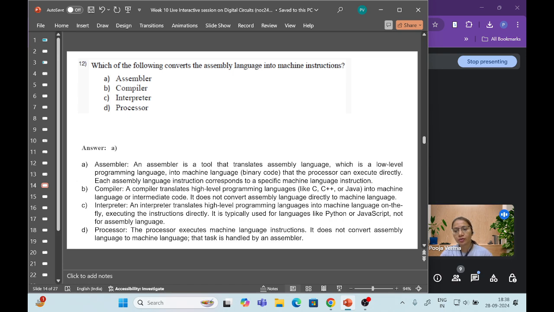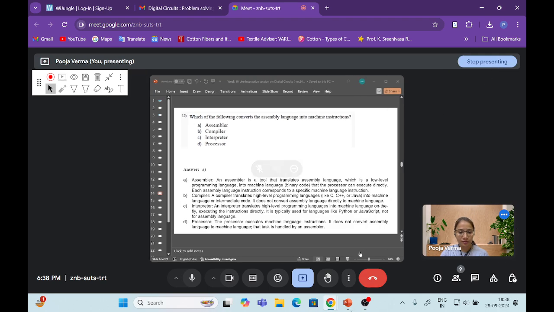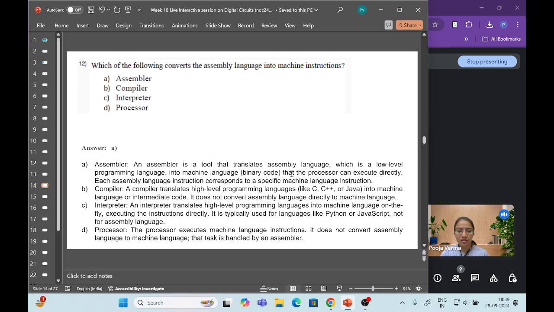The next question is also theoretical. Which of the following converts the assembly language into machine instructions? Option A is assembler, option B is compiler, option C is interpreter, option D is processor. Already I think all of you know that, so you can at least answer in the chat box. Try to interact and give the answer.